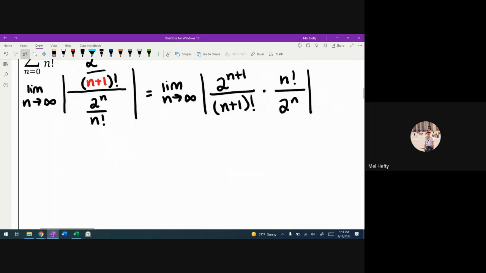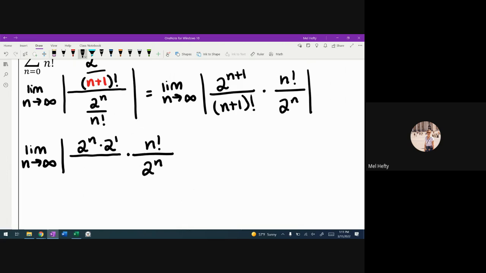How do you guys think I could break that into 2 pieces? Perfect. So I'm going to take that top piece and make it 2 to the n times 2, or times 2 to the first, if that helps you. Now notice that's going to be advantageous because there's a 2 to the n at the bottom of the other fraction. All right, let's talk factorials though.